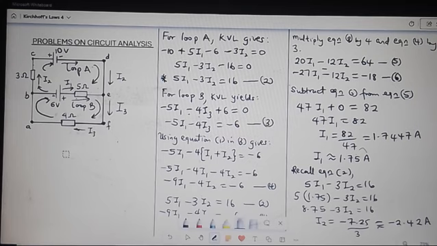So having obtained the values of I1 and I2, we can then substitute them into equation 1, which gives us the equation for the current law, to be able to calculate the value of I3.